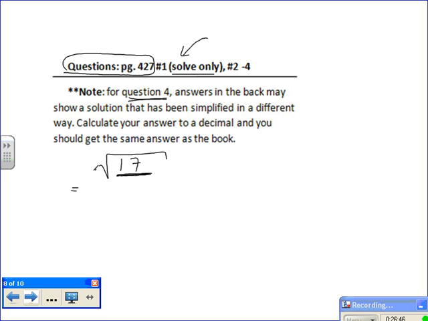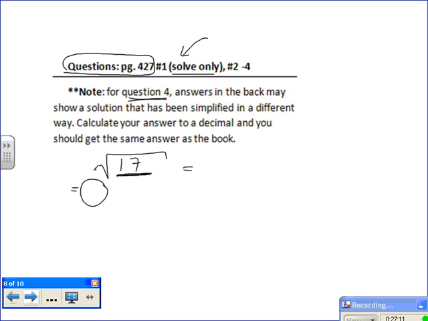What the textbook is doing is they're trying to keep it as exact as possible. So if they can't get a whole number as an answer, if it is a decimal, they're simply writing their radical as a mixed radical, pulling out any perfect square that they can from it.